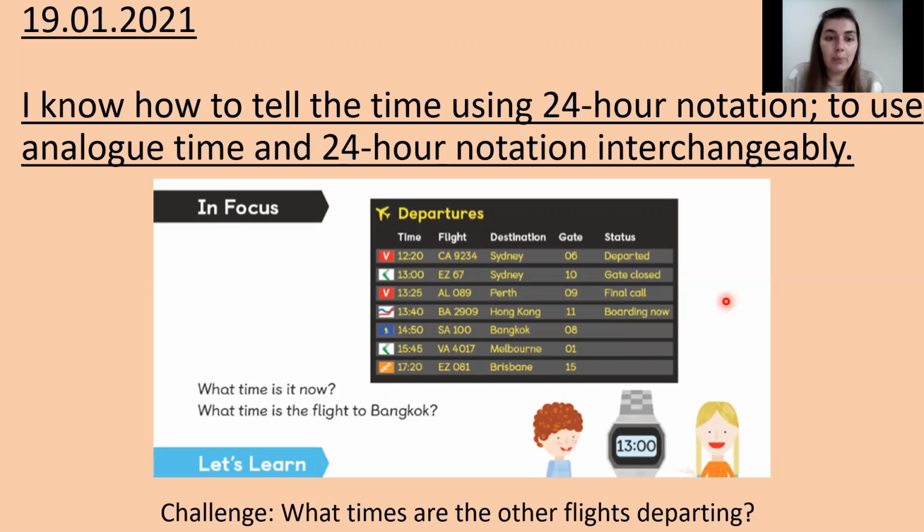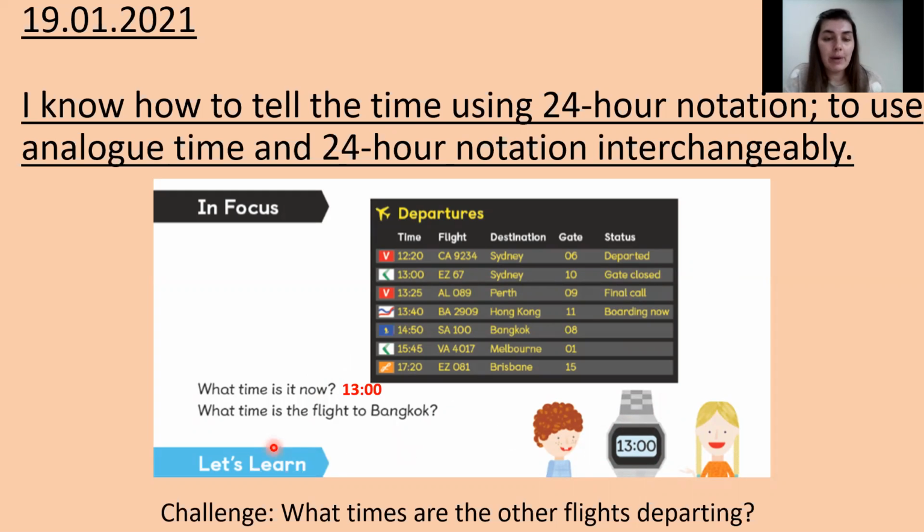So to start off with, our anchor task has this flight departure board here, and the questions: what time is it now, and what time is the flight to Bangkok? Okay, so looking at this anchor task, to find out what time it is now, I'm going to have a look at the watch, and this confirms the time it is now.